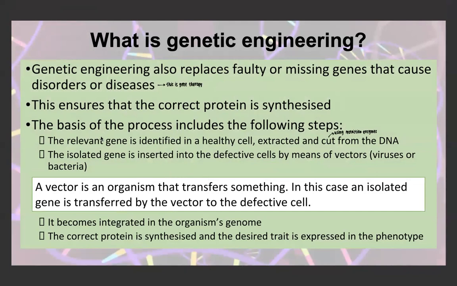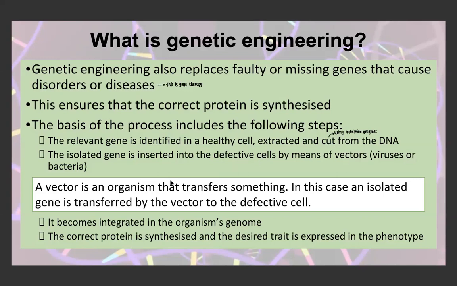So first, geneticists, the people performing this process, will identify the relevant gene in a healthy cell. They'll extract it and cut it from the DNA. They use restriction enzymes to cut it from the DNA. This isolated gene, the gene that they've just extracted and cut from the DNA, is then inserted into the defective cells, so the faulty cells, by means of vectors, so viruses or bacteria.